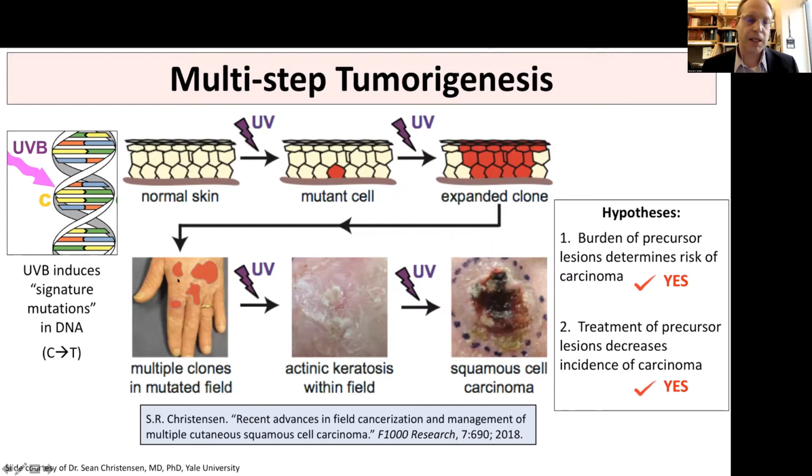And then this can lead to multiple clones in a mutated field, such as shown here on the dorsal hand. And then histologically or clinically, we see the progression to an actinic keratosis and then to a squamous cell carcinoma. And this multi-step tumorigenesis actually satisfies two hypotheses, meaning that the burden of precursor lesions does in fact determine the risk of carcinoma, and the treatment of precursor lesions does in fact decrease the incidence of carcinoma.